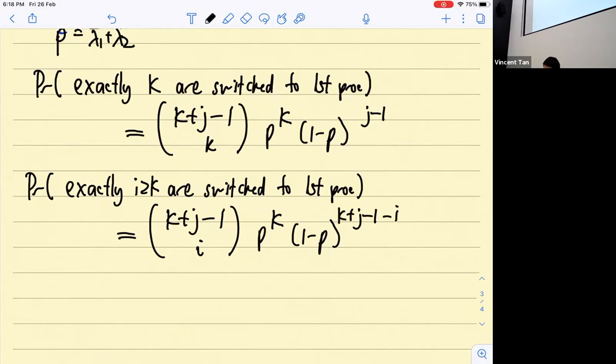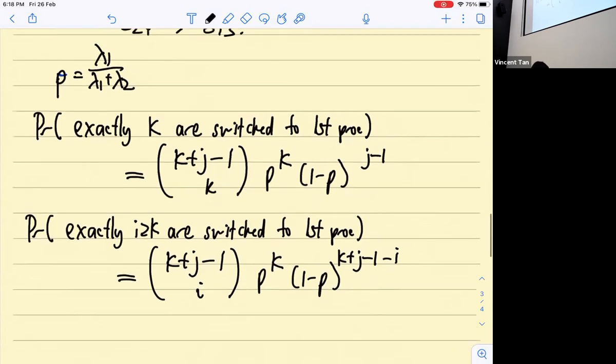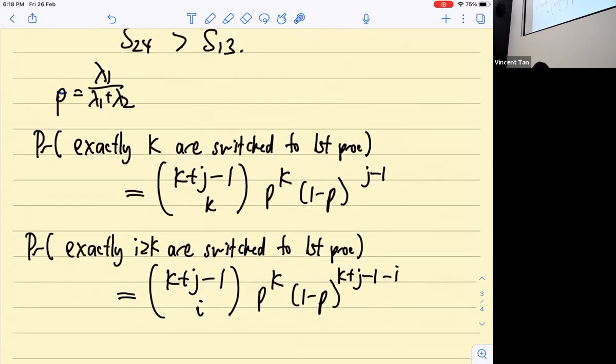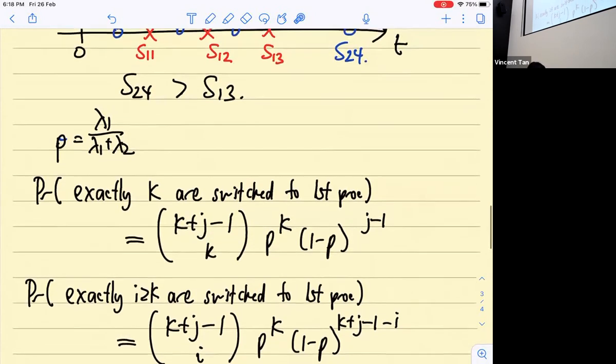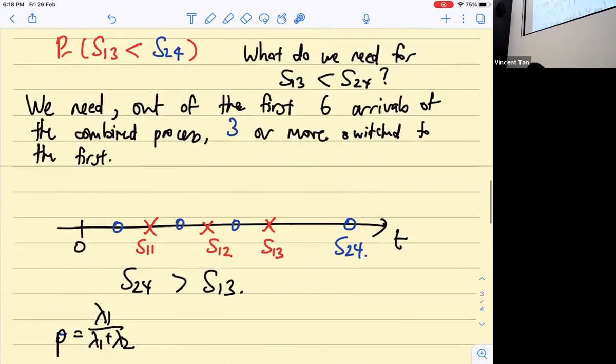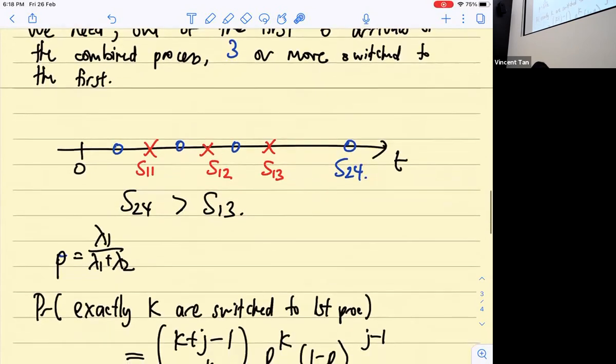This is nothing but a binomial distribution, where this is the total number of trials, and this is the number of successes, and the success probability is P. In this example, the first process is the one in red.